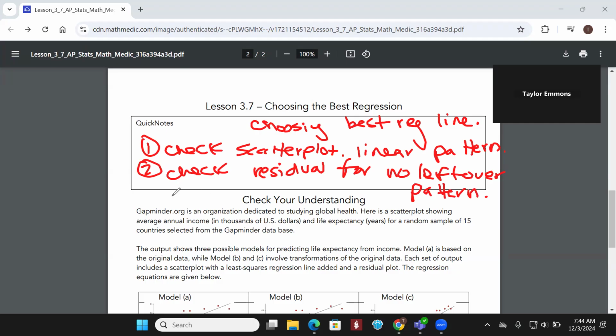And 3, we're going to check R squared is close to 1. That's giving us the best fit, the best model. So you don't just go based off of sight, you go based off of, does it have a linear pattern? Does the residual have like chaos? And is R squared closer to 1?